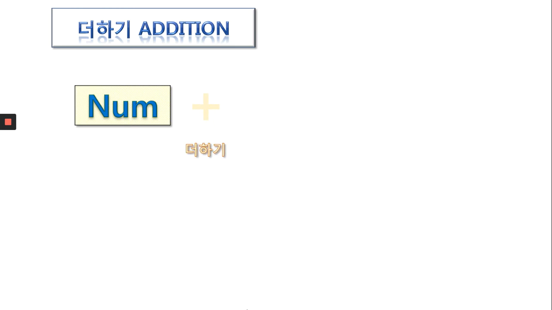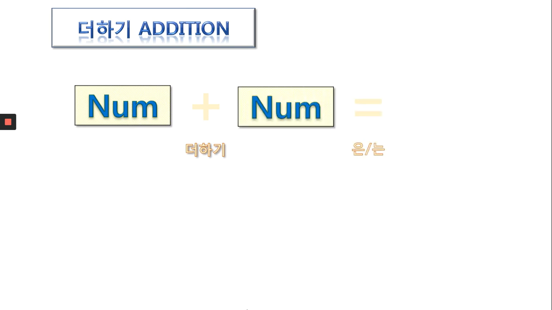Okay, let's practice addition. In Korean, we say number, and plus in Korean is 더하기. 더하기, plus. Okay, or addition, add. And number and blah blah. This is equal. In Korean, we say 은 or 는. We use the topic marker.